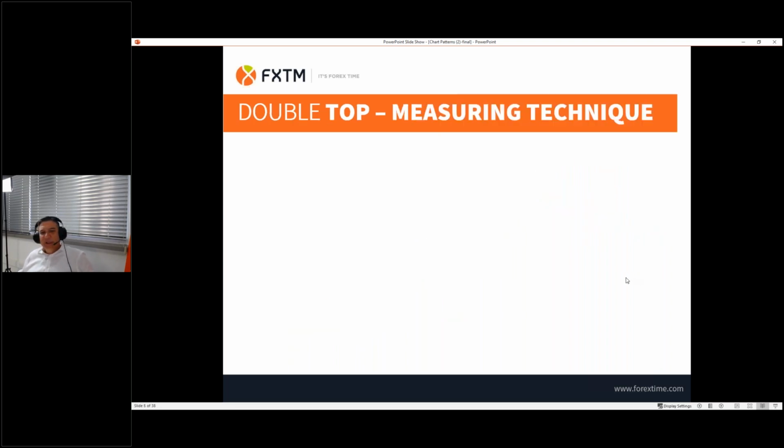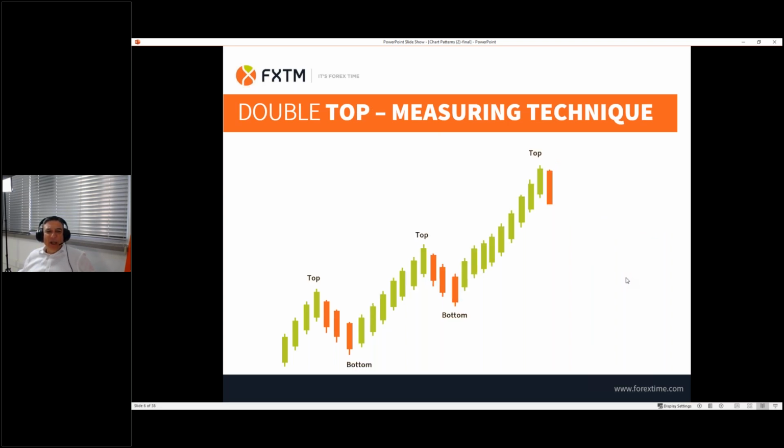Measuring technique. So again, we have a beautiful uptrend. We identify two tops and we wait for the double top to be formed. Double top is formed once the price falls below the bottom. When that happens, traders initiate a sell order here and they can estimate the minimum price target. How do they do that?